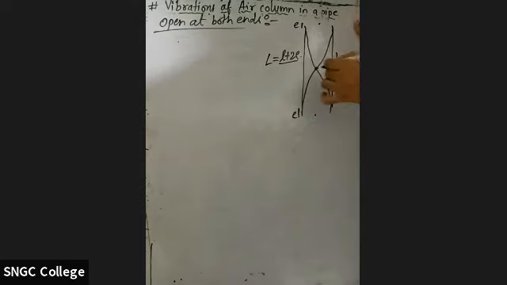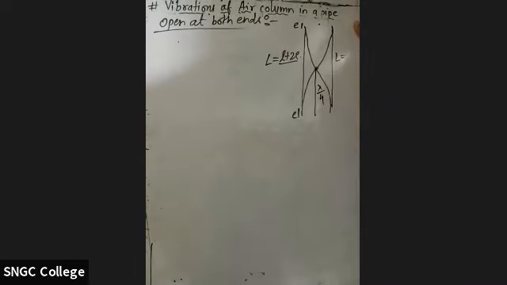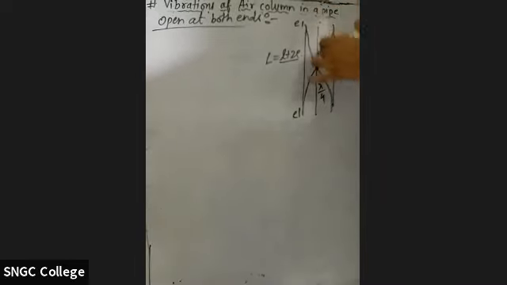Now we have to write it in the form of lambda also. Okay. So the distance from here to here is lambda by 4. The distance from here to here is lambda by 4. So it comes out to be 2 lambda by 4. But if you cut this, you will find that it is equal to lambda by 2. Okay.